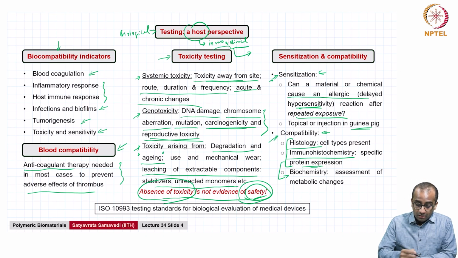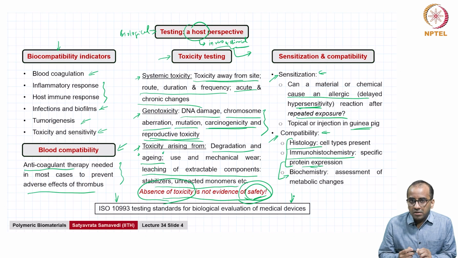One thing we note here is that there are very stringent, very detailed testing standards for biological evaluation of medical devices. One of them is listed here, which is ISO 10993, particularly relevant for biological evaluation of medical devices.